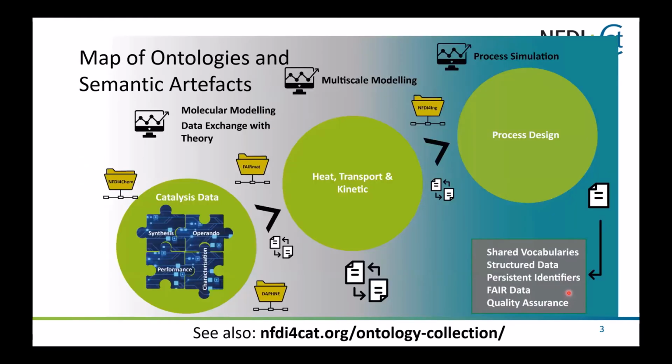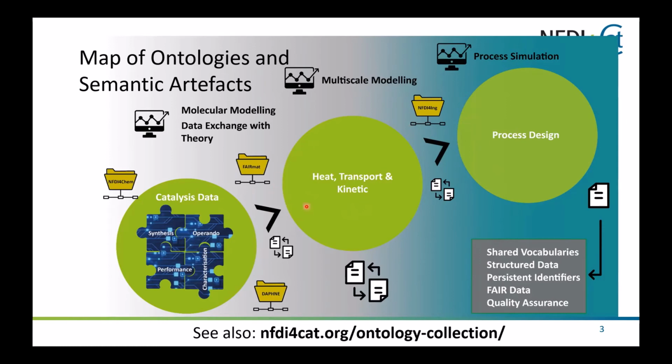We started with the data value chain from the molecular part, catalysis data, transport phenomena, kinetics, up to process design, so a real chemical process, a syngas plant or other catalytic plant, which is the connection to NFDI for the engineers.